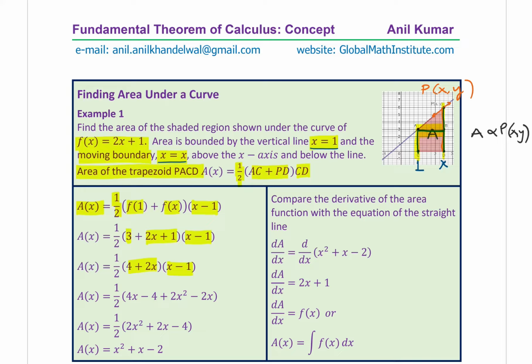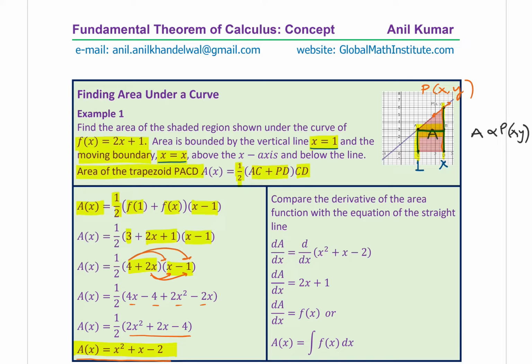We just use the distributive property here, so 4x minus 4 and then 2x squared minus 2x. So combine these four terms together, and what we get is a quadratic function. Simplify by dividing by 2, so we get the area function, which is equal to x squared plus x minus 2. Correct? So we have our area function A of x is x squared plus x minus 2.